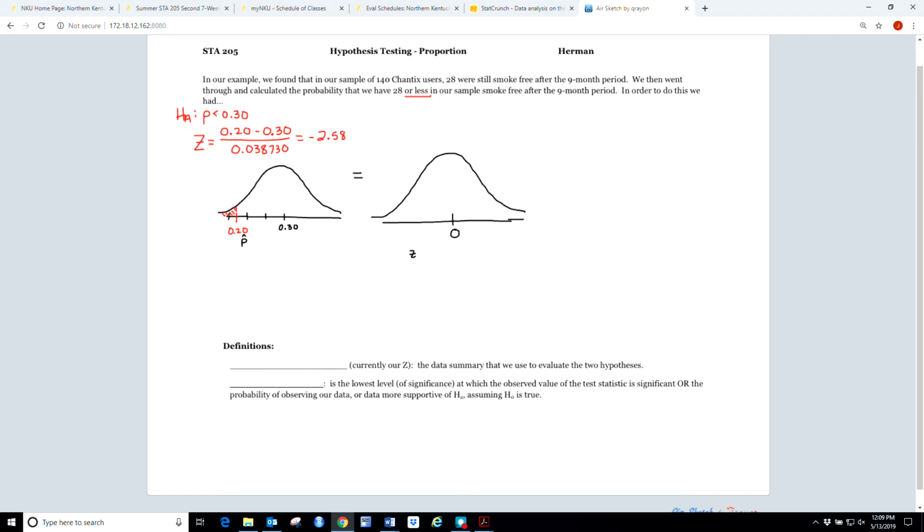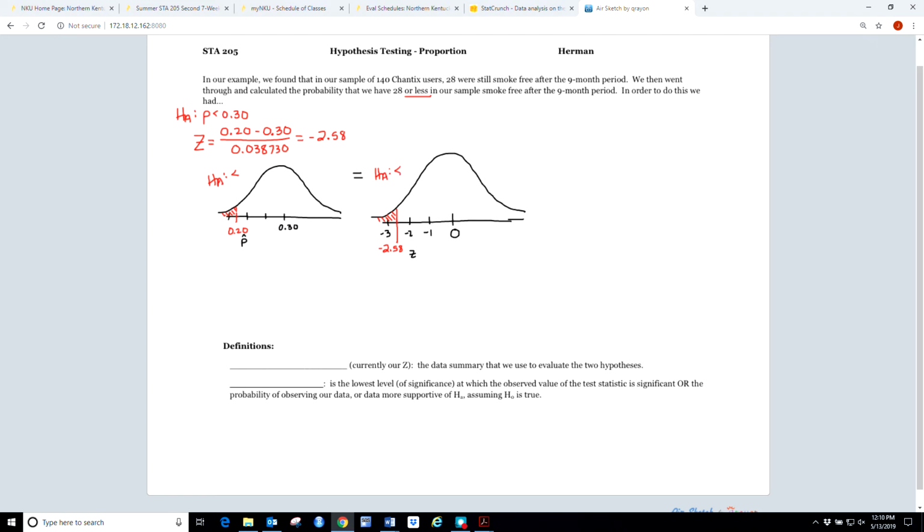And if I look at my increments and far away, it's always the same. So I have my -1, my -2, and my -3. And using our p hat, we got a z of -2.58 for our data. And again, we would shade left. So now to understand the connection, the reason why we're actually going to be shading to the left here is because that alternative hypothesis has that less than sign in it.